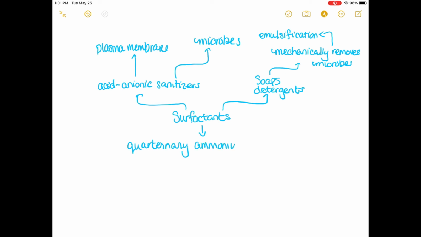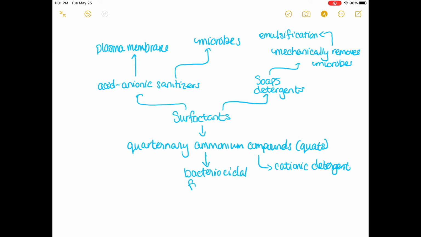Quaternary ammonium compounds are cationic detergents. Their cleansing ability is due to their positive charge. They are strongly bactericidal against gram-positive bacteria, but can also kill gram-negative bacteria. Quats are fungicidal, amoebicidal, and virucidal, and they only kill enveloped viruses.